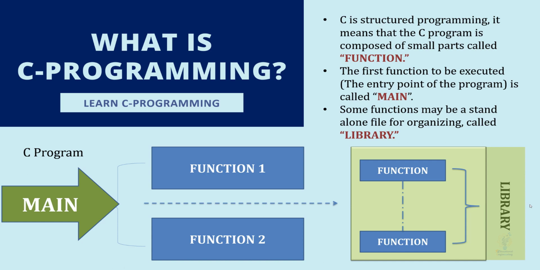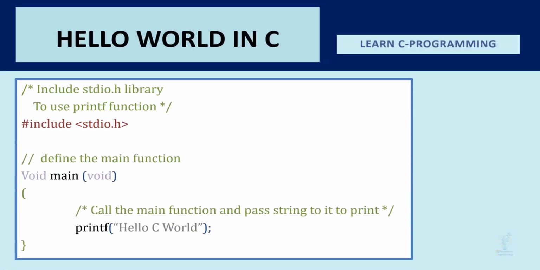So a function is a piece of code that does a specific thing. The main function is the first function to be executed in our program by the compiler. The library is a collection of functions that does a specific thing and that you can easily use inside your code. Now, let's take a quick look at a simple C code.